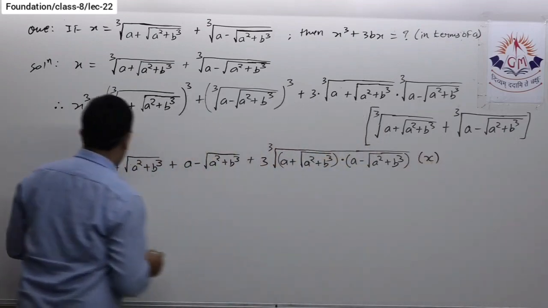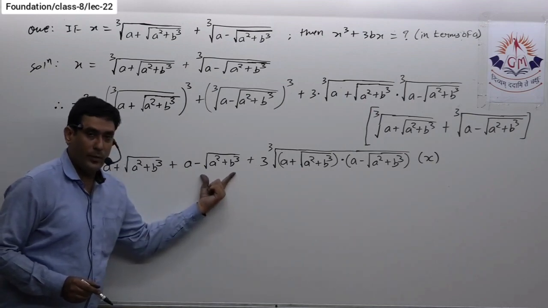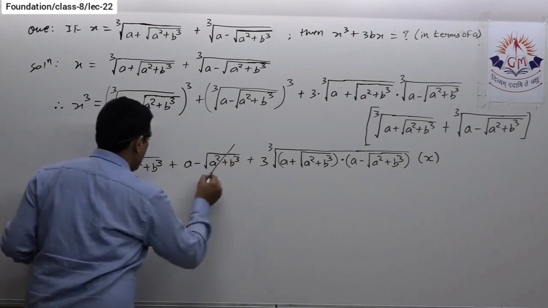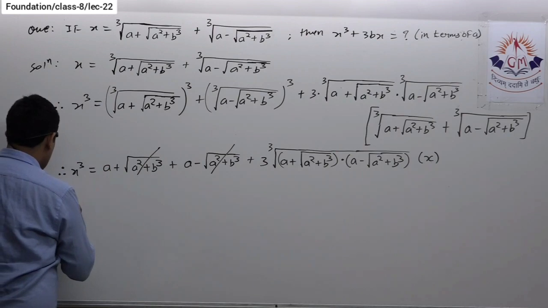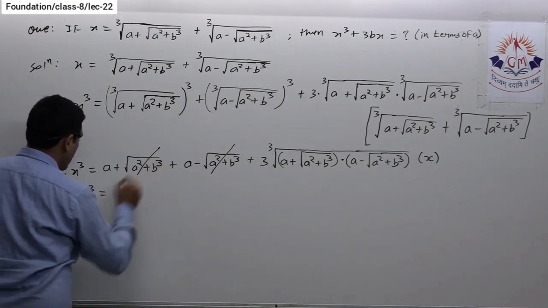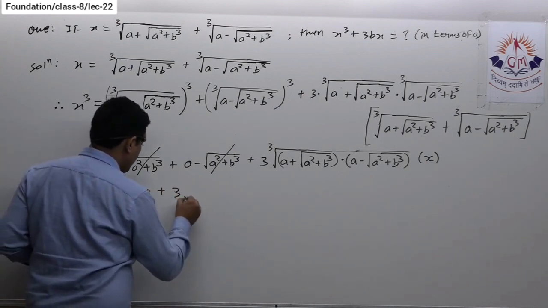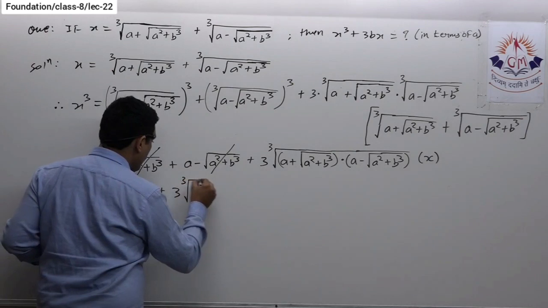Okay, now here you can observe this square root of a square plus b cube minus square root of a square plus b cube within the root sign. So I can cancel these two. So here I will get x cube is equal to a plus a. Now plus 3, again cube root sign is there.